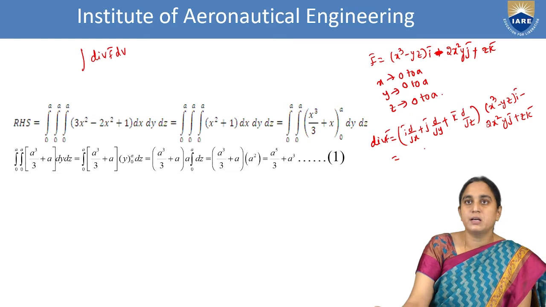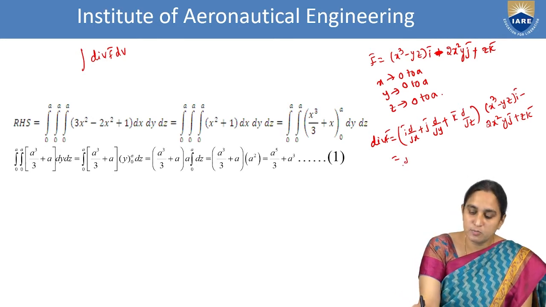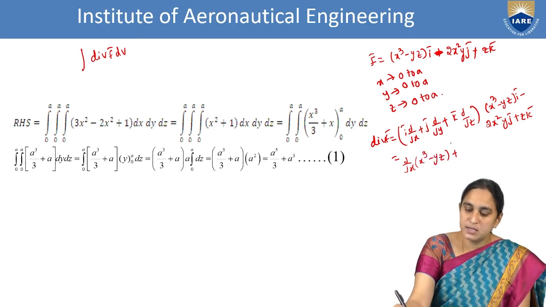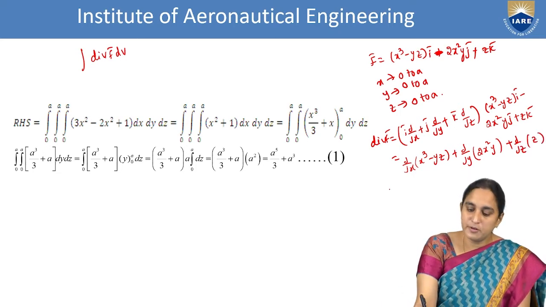Now, this is divergence of f bar. The two are in vector form, right? Divergence is in vector form and f bar is also in vector form. Now the dot product of divergence and f bar means the i bar coefficient is dou by dou x, and here the i bar coefficient is x cube minus yz, plus the j bar coefficient is dou by dou y, and here the j bar coefficient is 2x square y, plus the k bar coefficient is dou by dou z, and here the k bar coefficient is z.